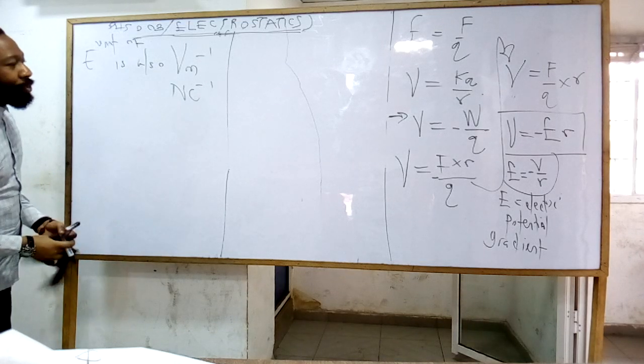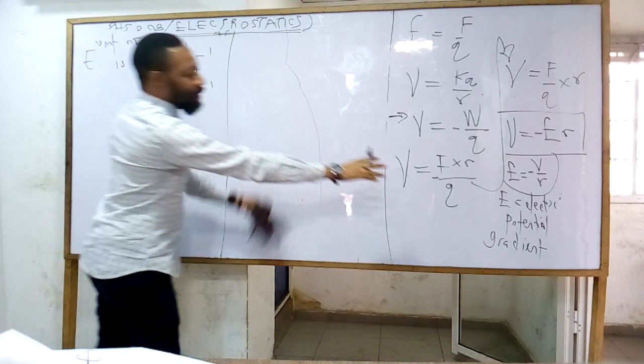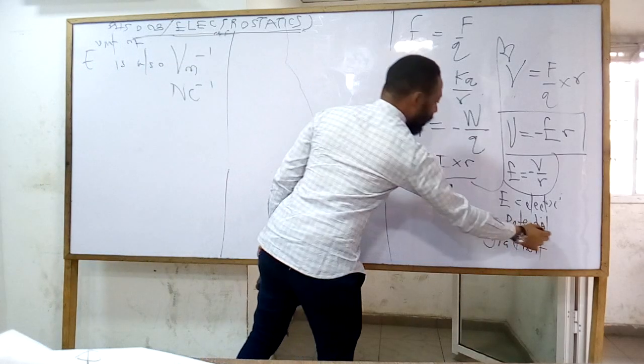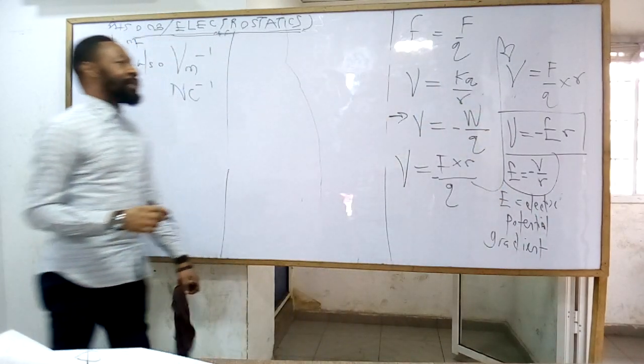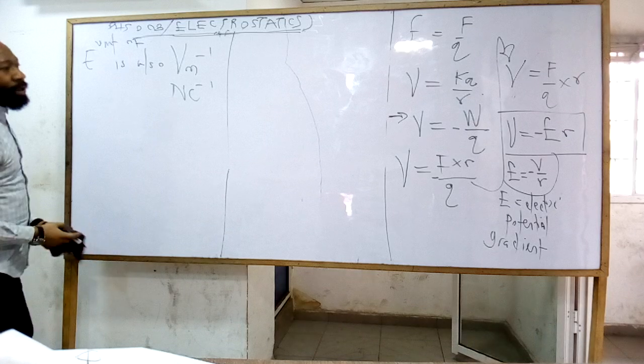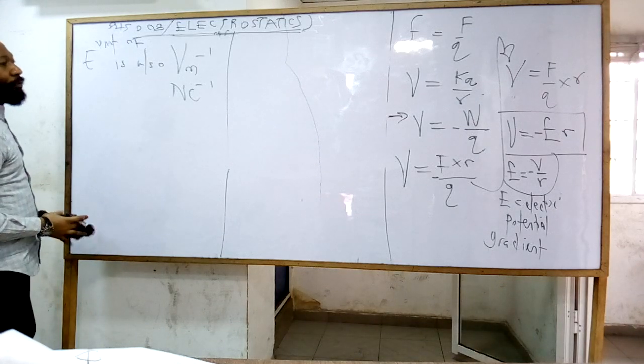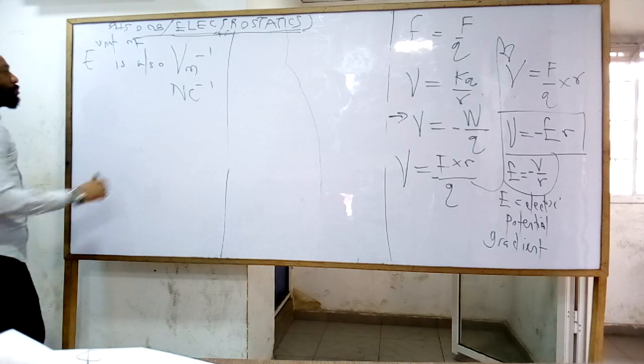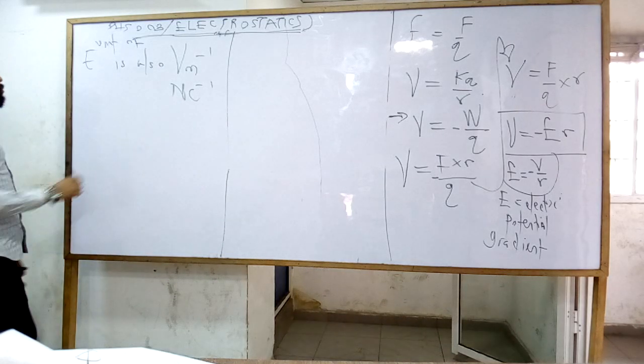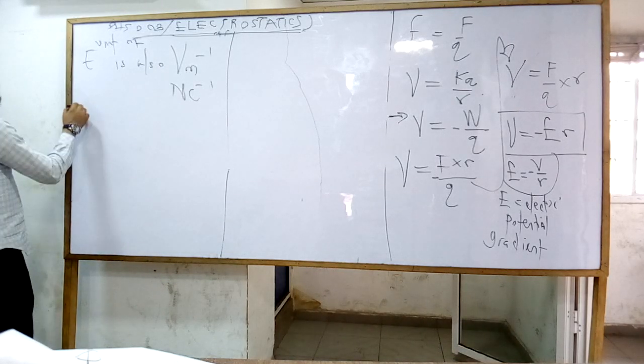So this has already explained the reason behind the electric potential gradient and electric field intensity. Another thing we need to talk about is, what if V or E is given as a function of displacement rather than a number.